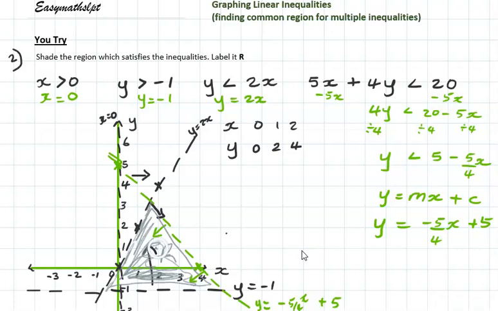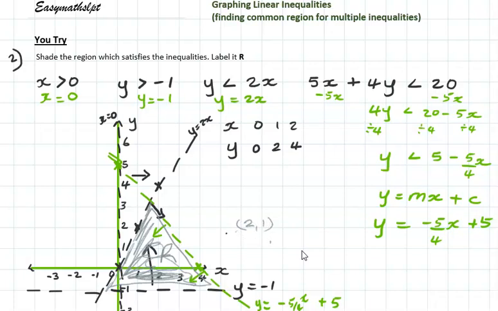If I select this point, for example, I need to test if it satisfies all the inequalities. At this point, my x is 2, my y is 1. So let's see if it works. x is 2, which is indeed greater than 0, so it satisfies this inequality. y is 1, which is definitely greater than negative 1, so it does satisfy this inequality. And y is less than 2 times x, and 2 times 2 is 4, so that is also true.